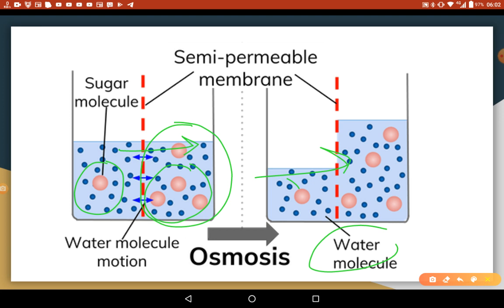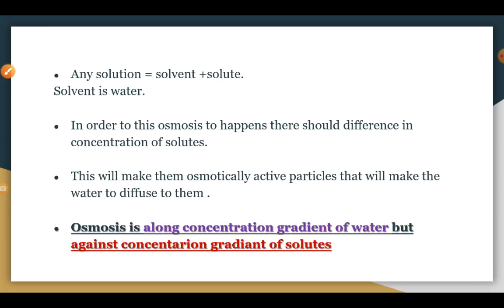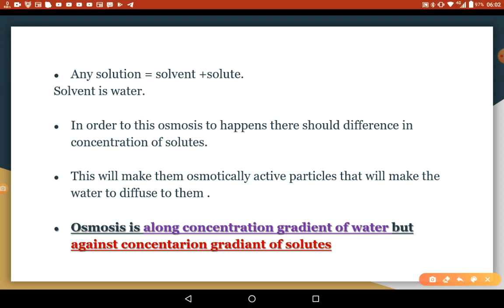Osmosis occurs. Okay. Any solution has solvent and solute. Solvent is water, solute is like sugar molecules, and so on. In order for osmosis to happen, there should be a difference in concentration of solutes. This makes them osmotically active particles, which makes water diffuse.